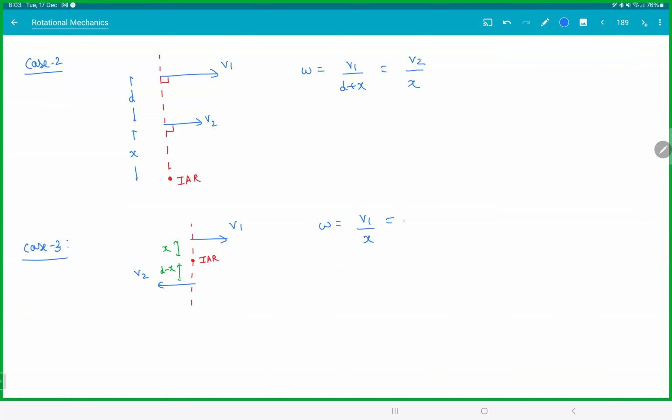This will be V1 by x and V2 by (d minus x). So calculate, you'll get x from here. These are the three cases you can get: not parallel, parallel, anti-parallel. This is how you can look at IR. Clear, everyone?